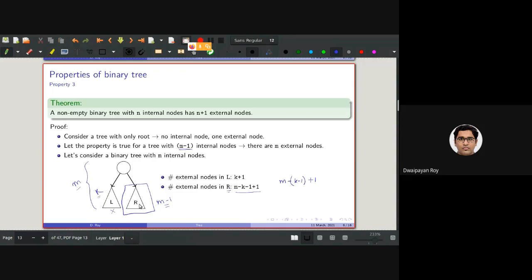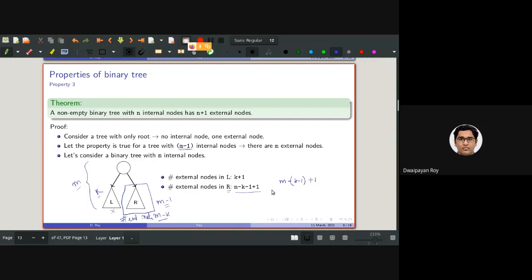So here in this left subtree there are k internal nodes. The number of internal nodes in the right subtree, how many will it be? Basically m minus k, isn't it? It will be m minus k in the right subtree, because in the whole tree m internal nodes are there, and in the left subtree there are k internal nodes.